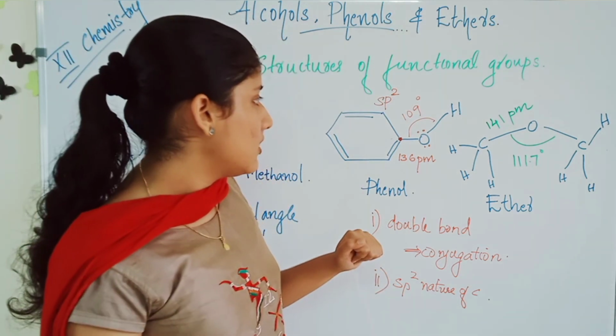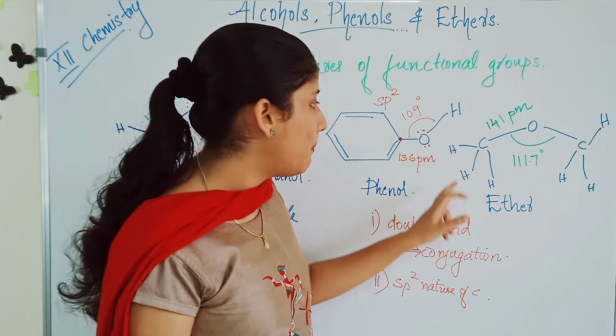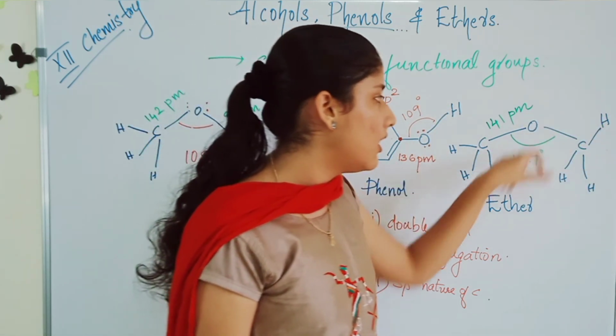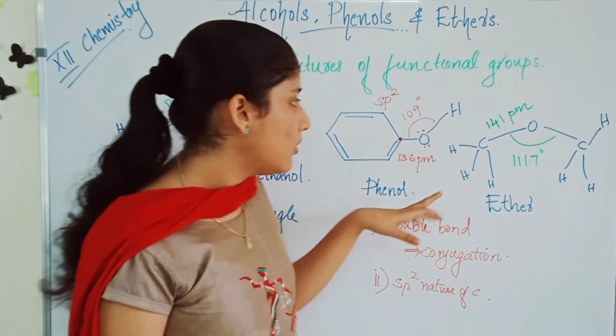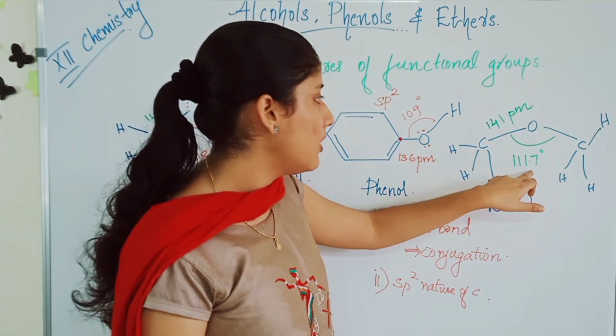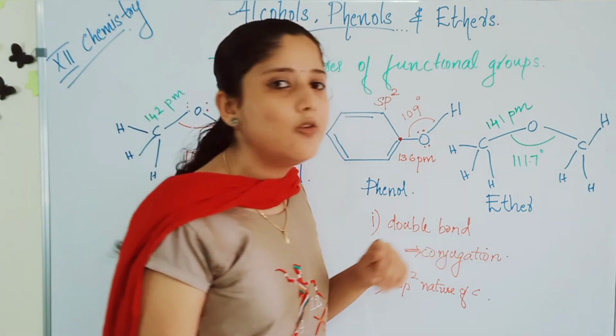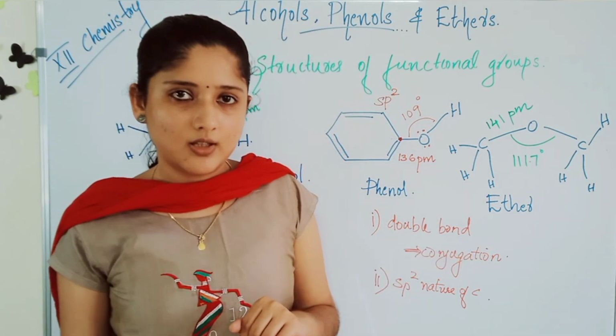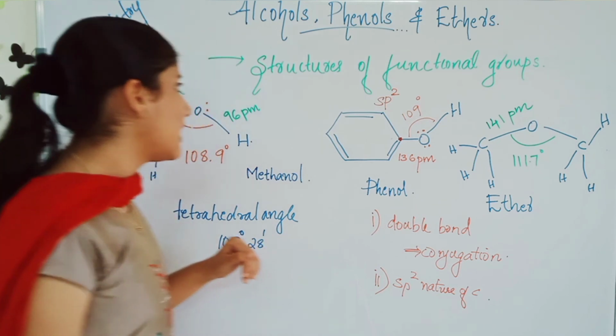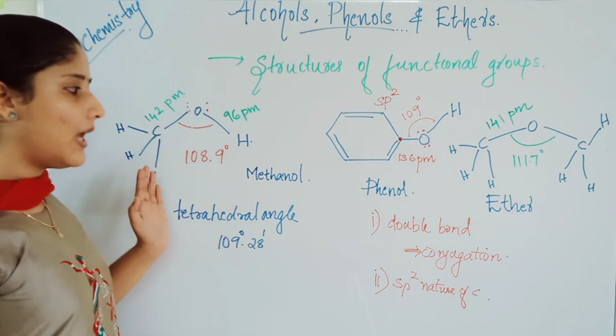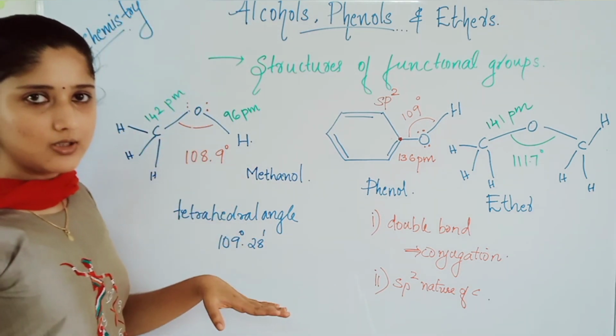It is because of the repulsion of the bulky groups on both sides. So the angle is 111.7 degree, and the CO bond length is 141 picometer. These are the different structures of functional groups, their bond angles and bond lengths.